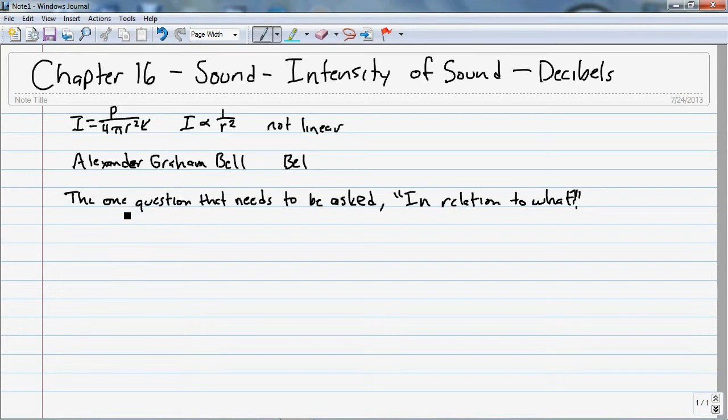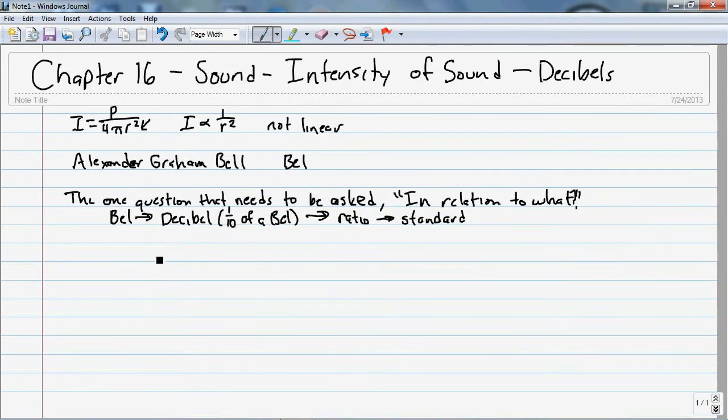And this just means that the bell, or we use a decibel, which is just a tenth of a bell, is going to express some kind of ratio. And that ratio needs some kind of standard or a basis to measure. Now, bells are quite a large unit, and we tend to use decibels.